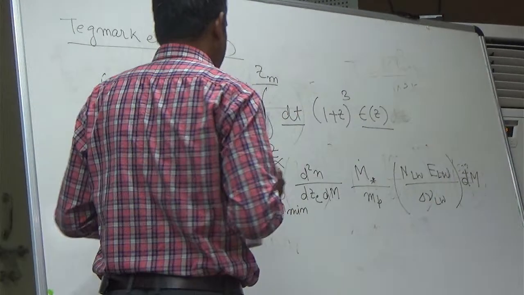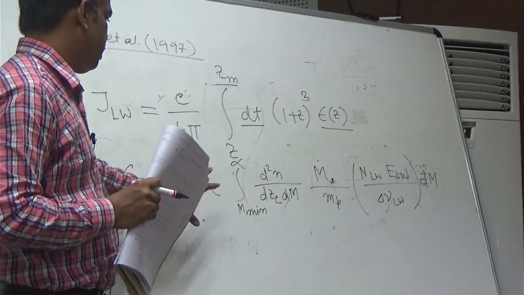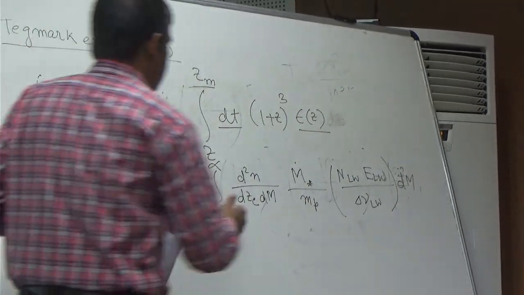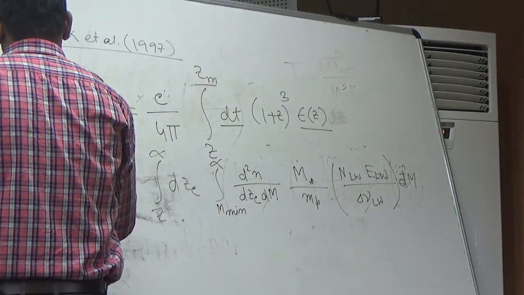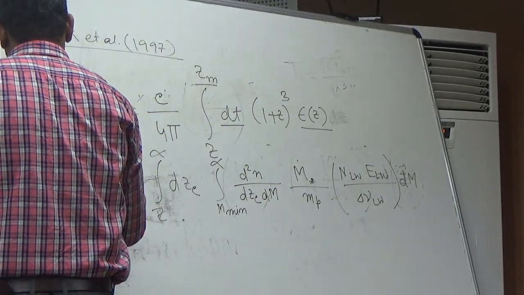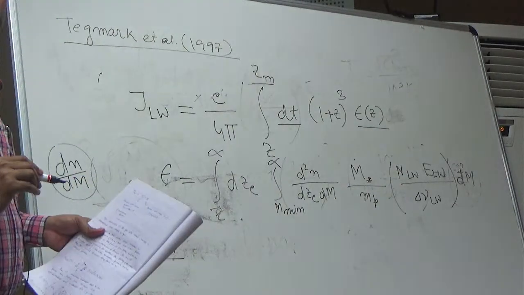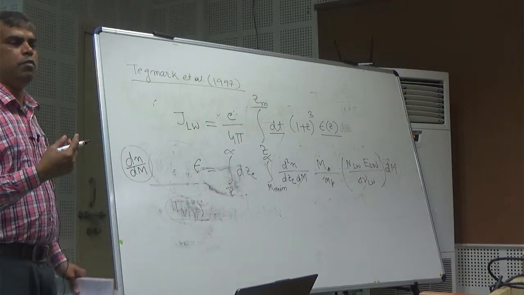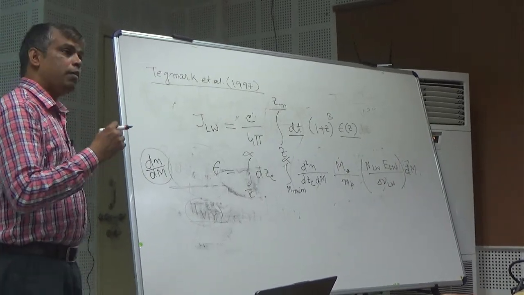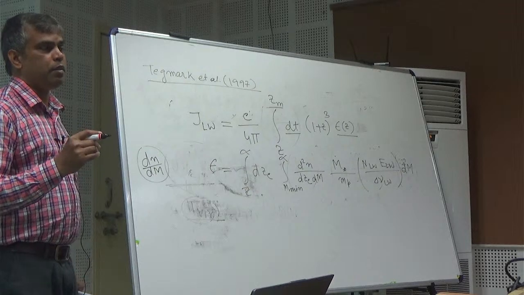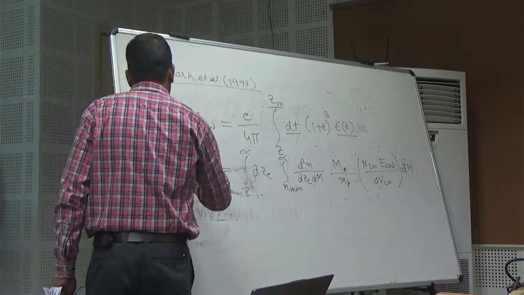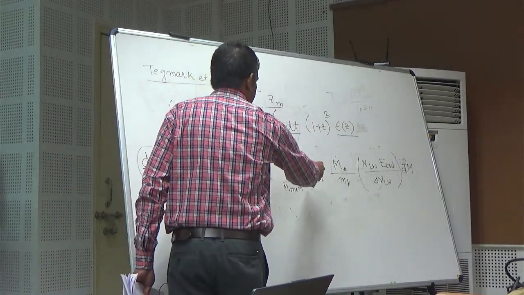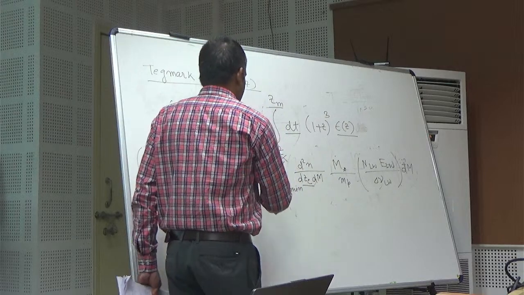See, this equation is slightly different from what we derived yesterday to calculate the comoving emissivity. This dn/dm is the mass function, the dark matter mass function. So this actually gives you the moving number density of dark matter halos in the mass range of m to m plus dm. But we are actually taking the derivative of this quantity with respect to z.